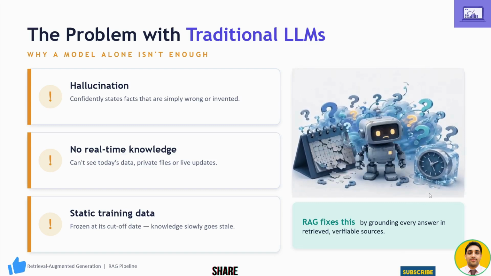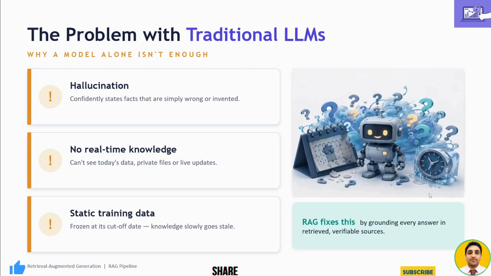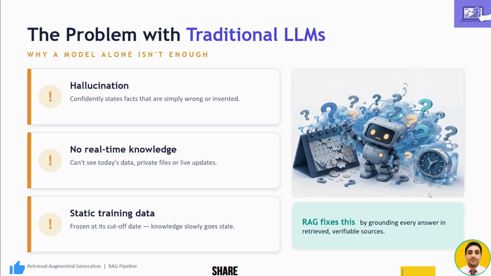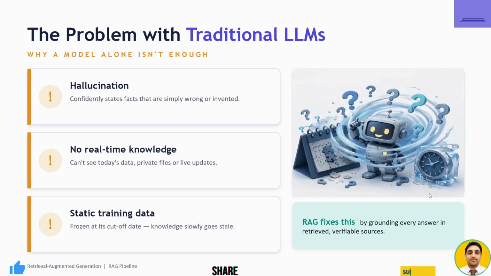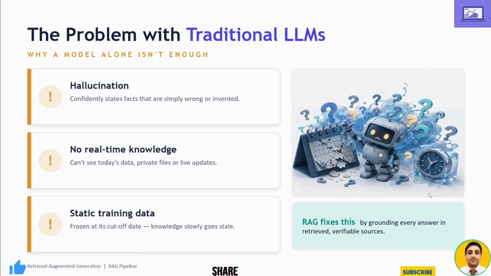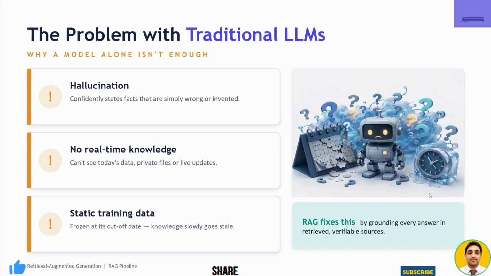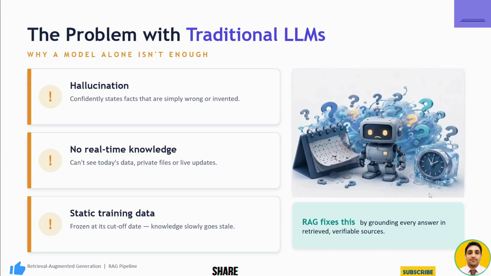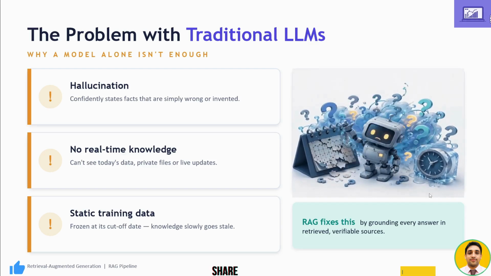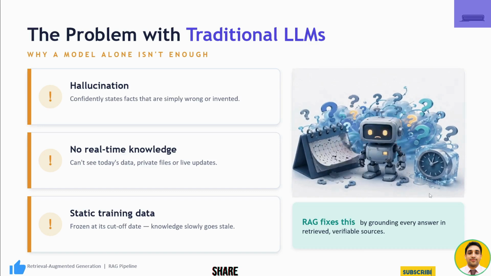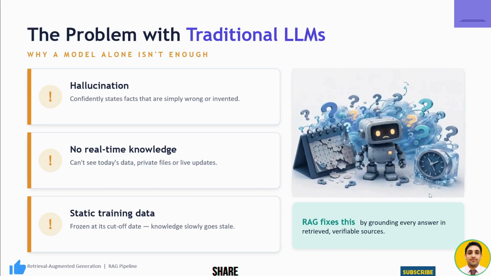Over time, as the world changes, the model's understanding slowly becomes outdated or stale, even though it might still sound confident when answering. RAG directly addresses all three of these problems by grounding every single answer in retrieved, verifiable sources. Instead of relying purely on memorized patterns, the model is given actual reference material at the time of answering, which dramatically improves both accuracy and trustworthiness.